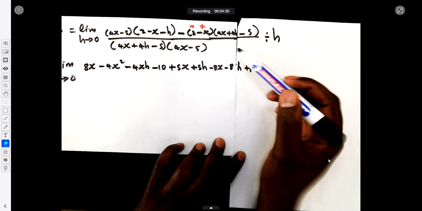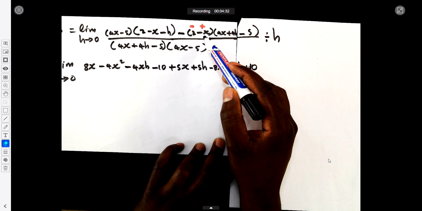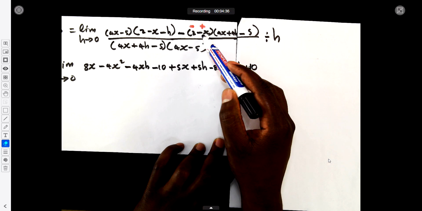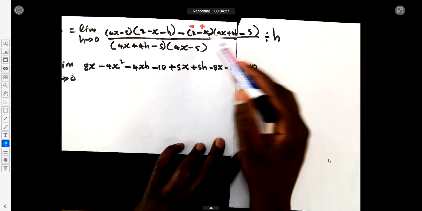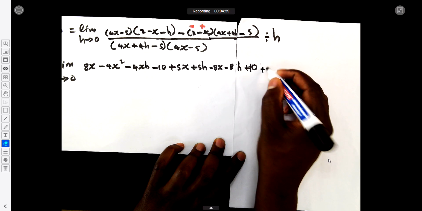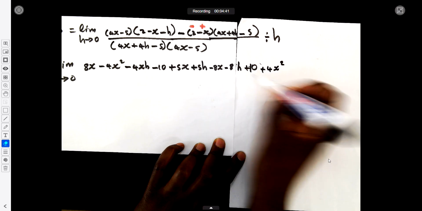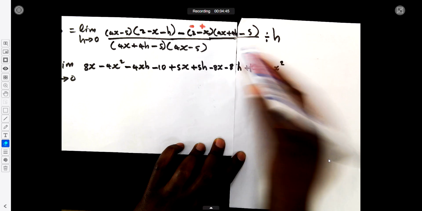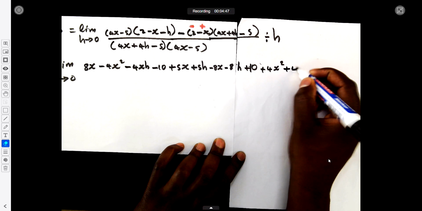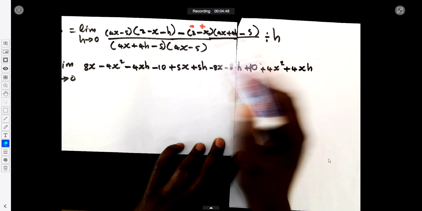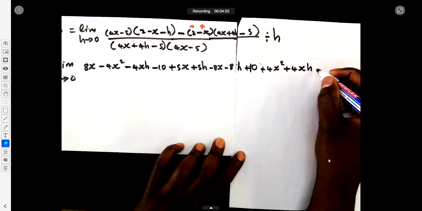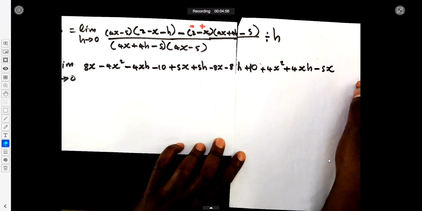Now we're moving to positive x. Positive x times 4x is 4x squared, and positive x times negative 4h gives negative 4xh, and positive x times negative 5 gives negative 5x.